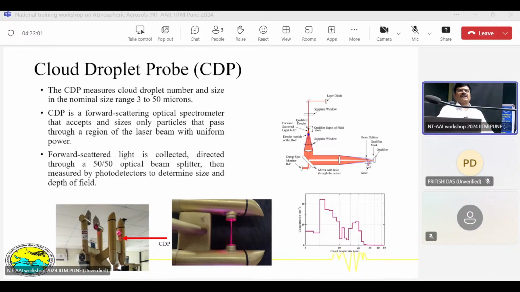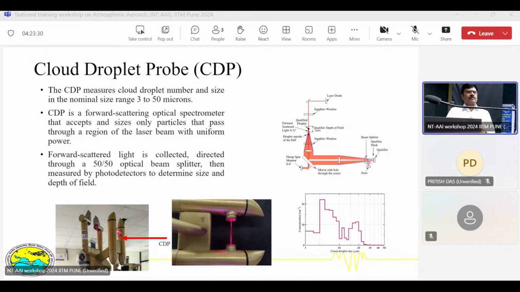Again, in the optical properties of aerosols, I hope you are familiar with Rayleigh scattering and Mie scattering. If the particle size is much smaller than the incident radiation wavelength, then what you see is Rayleigh scattering. If the size is almost equivalent to the wavelength of the incident radiation, then what you see is Mie scattering.